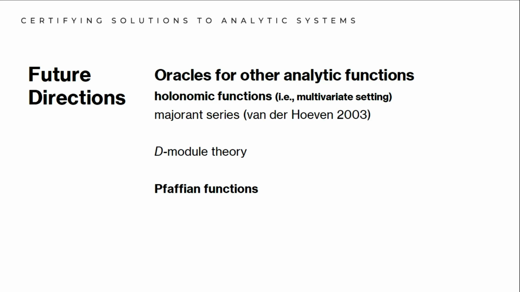So there's no certified way to evaluate these holonomic functions yet. And we can be even more ambitious and work on Pfaffian functions. It is a little bit tricky to define what Pfaffian functions are in here, but it is some kind of function obtained from a chain related to differential equations. So if we can deal with holonomic functions, probably we can also deal with this kind of Pfaffian function.